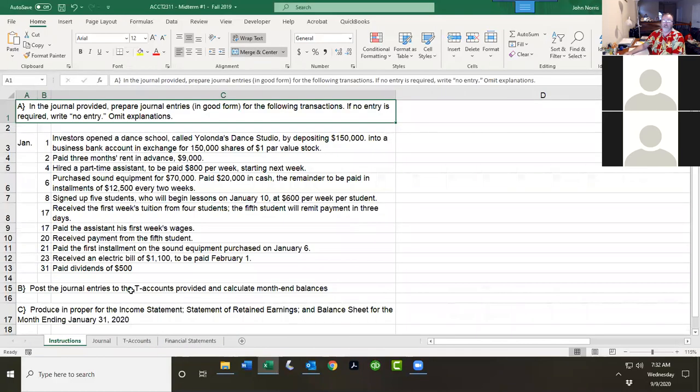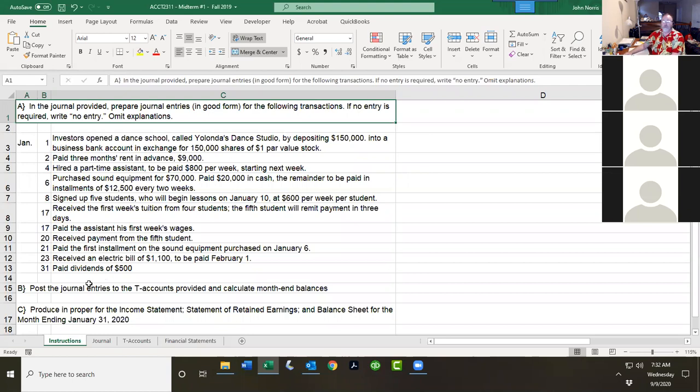The instructions say to prepare journal entries in good form for the following transactions. Within these different dates, there are 10 distinct transactions that need to be recorded, worth 5 points apiece for 50 points.